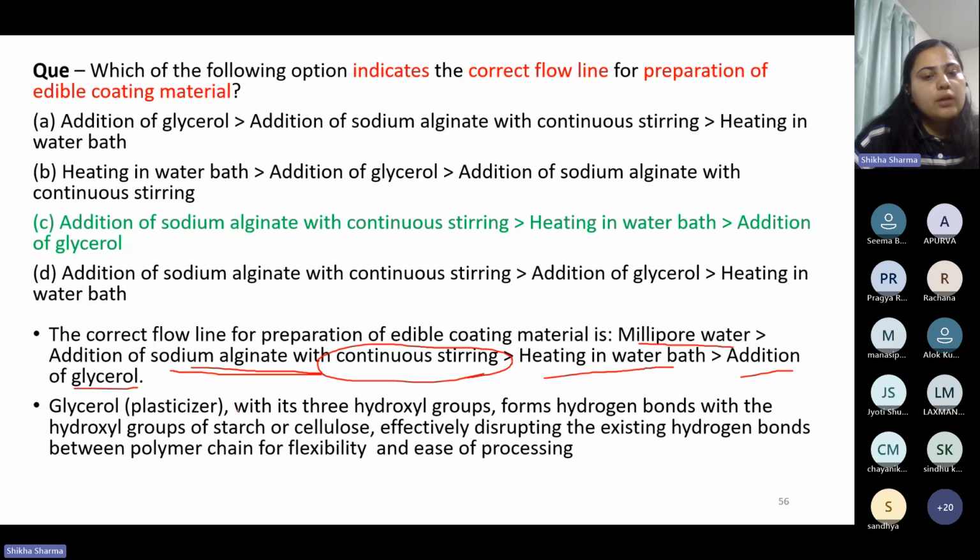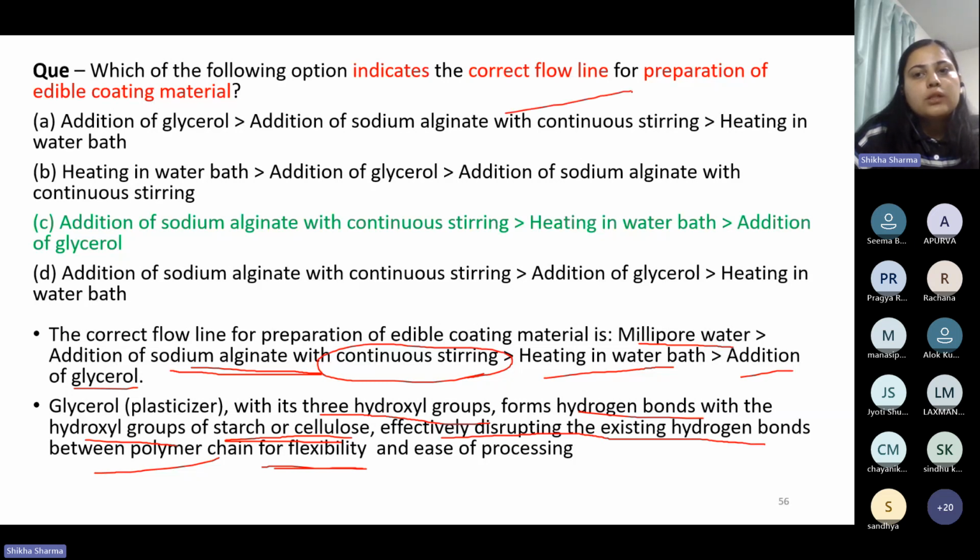What plasticizers do is, there are 3 hydroxyl groups which will form hydrogen bonds with the hydroxyl groups of any biopolymer, which can be sodium alginate, starch, or cellulose, and effectively disrupt the existing hydrogen bonds between polymeric chains, providing flexibility and ease of processing.